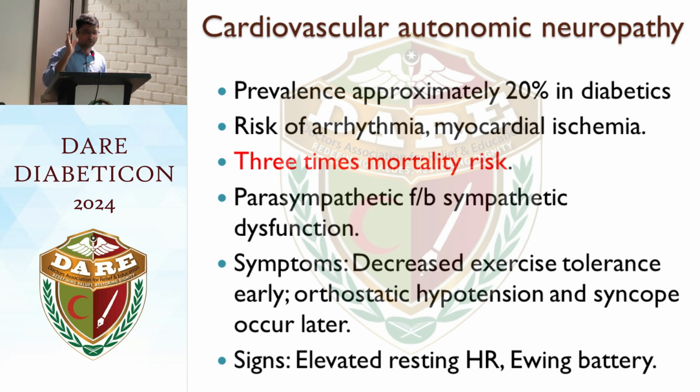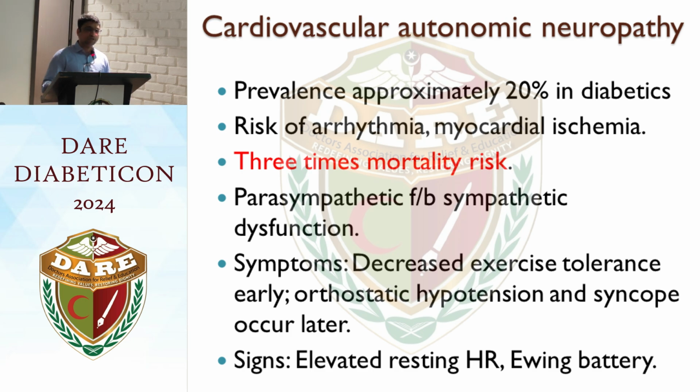Hence, we have to diagnose this condition properly, because as I said, it carries mortality risk. The sign we need to elicit is elevated resting heart rate, and there is a battery of clinical tests called Ewing's battery. It contains 5 tests: 3 are parasympathetic and 2 are sympathetic.